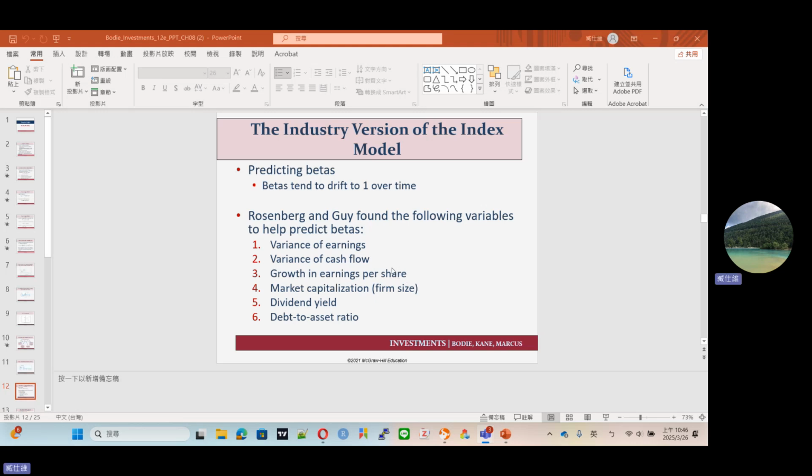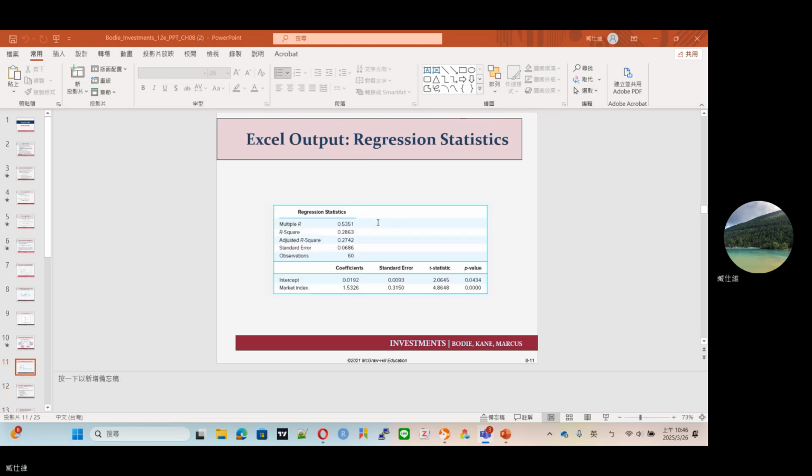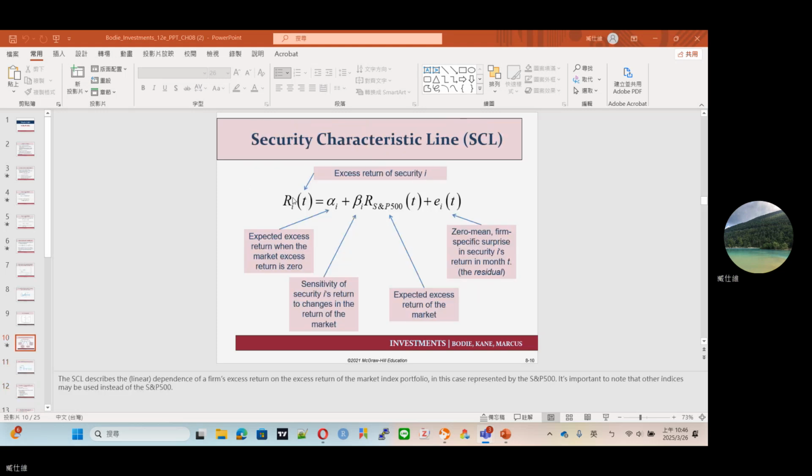Okay, now we have another problem. I think most of you have learned linear regression, right? If you want to run the linear regression, you need to think about how much data to include.